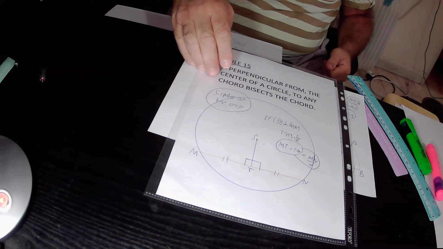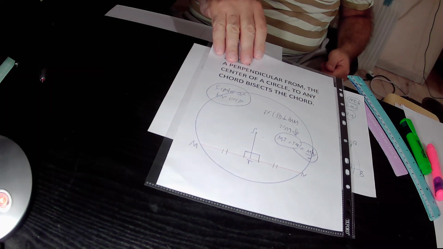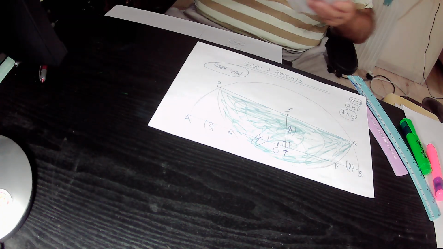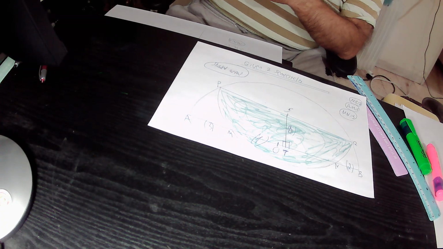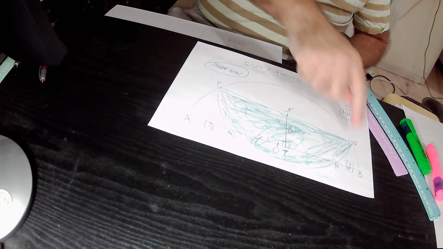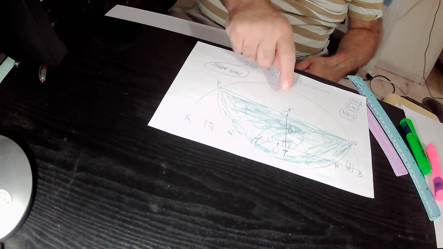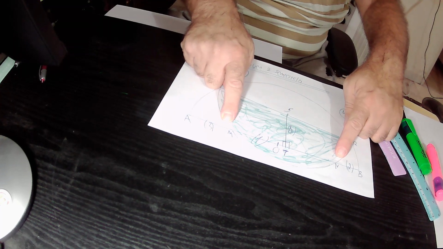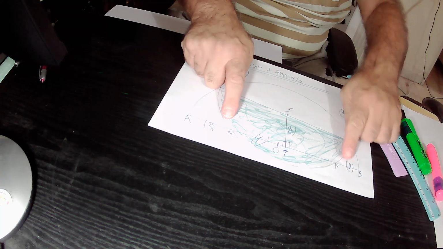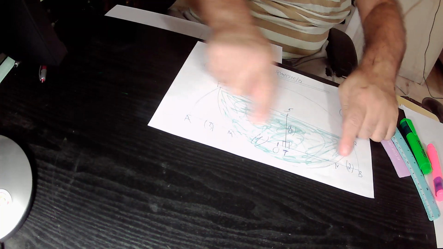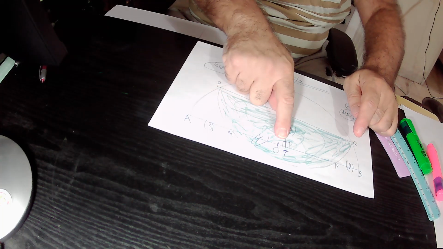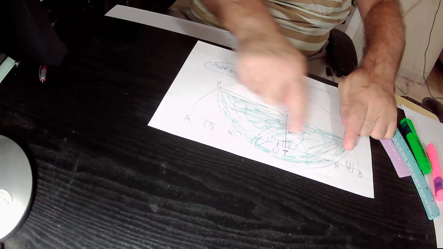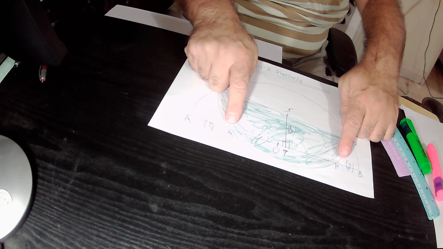So we can implement rule 15 in our drawing. In our drawing, from the center of this small semicircle, that is from this point S, we have perpendicular ST on chord MN. According to rule 15, perpendicular ST bisects chord MN. If ST bisects chord MN, it means that the first half MT must be equal to the second half TN, and each half must be equal to MN over 2.